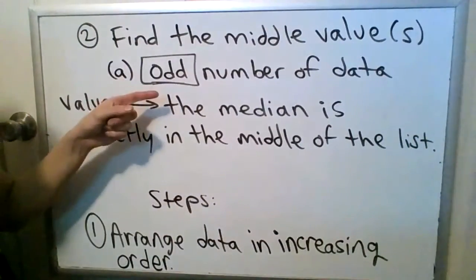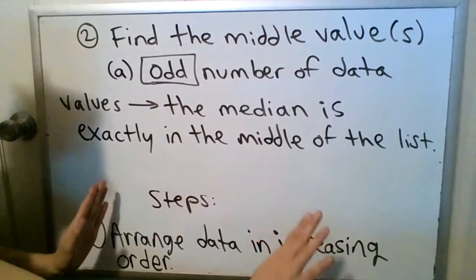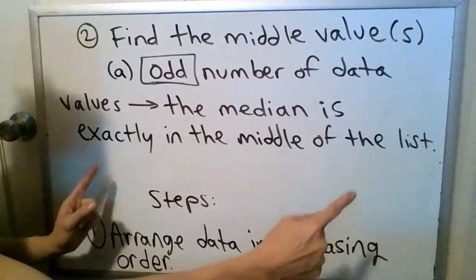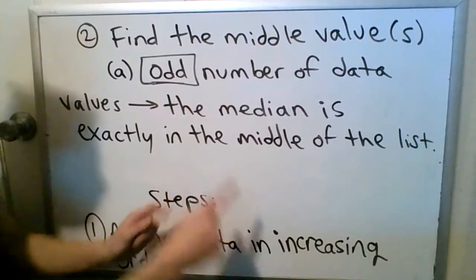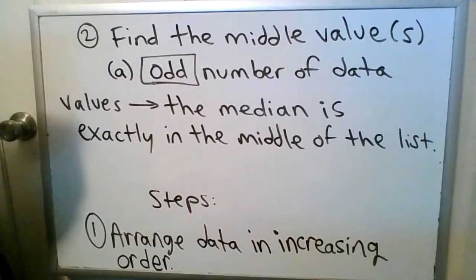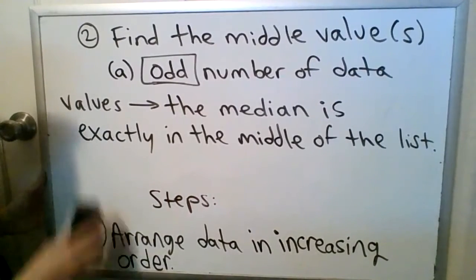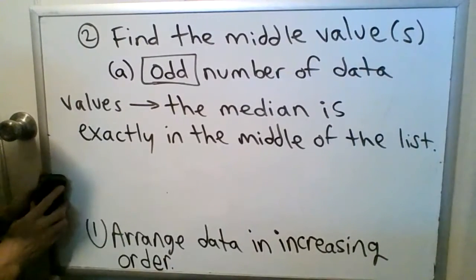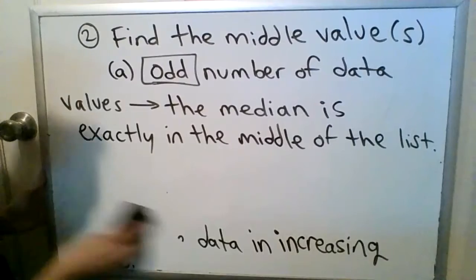So an odd number of values, they've all been written in increasing order, and you move towards the middle, and you have one number right in the very center.